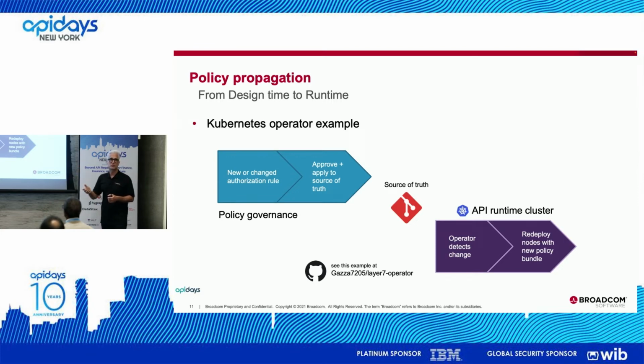It could be GitHub, it could be Bitbucket, it could be whatever is appropriate in your environment. And then in your API runtime, in the case of a Kubernetes cluster, you could have something like a Kubernetes operator that subscribes to a commit on that source of truth and takes the latest versions of those policies and redeploys nodes for your policy enforcement, your runtime API, with that updated bundle.